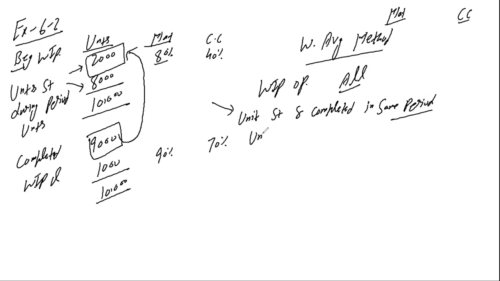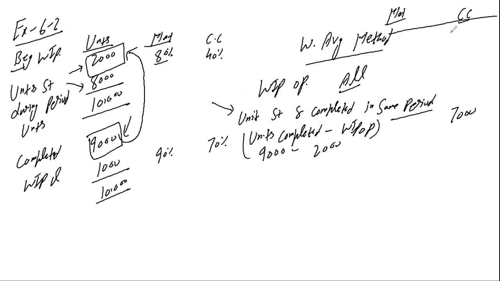Here we are having a very short formula: units completed minus work in process opening. From the total completed, I'll subtract my opening, and like that I'll have my units started and completed in the same period. Students, this one I am calculating the equivalent units of production for materials.